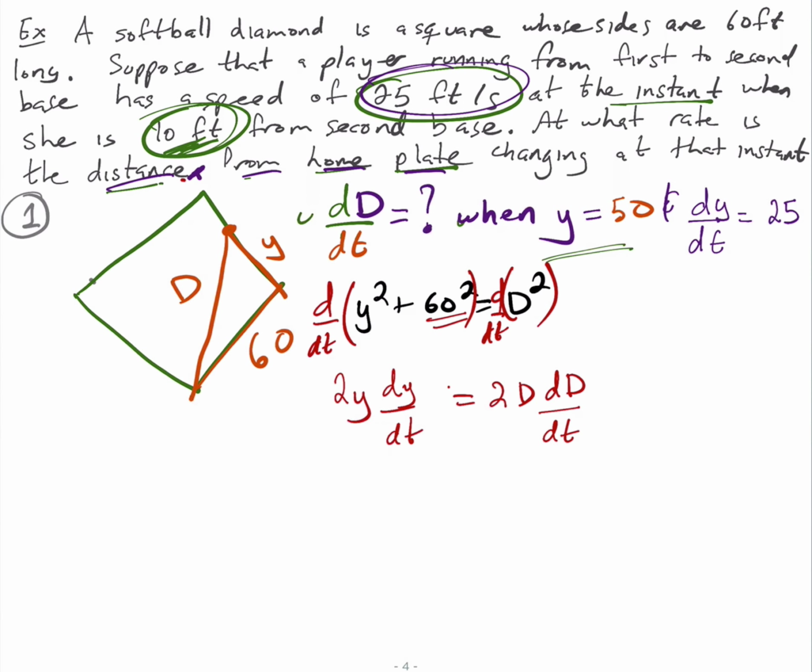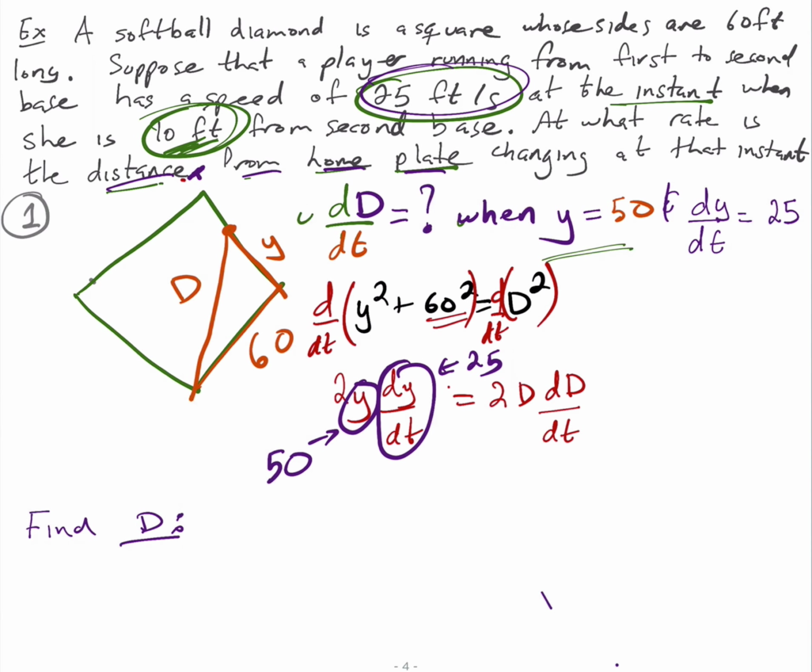So then let's take a look. What do we need? So we have y, right? Y is 50. We have dy over dt. That's 25. Do we know what d is? We can find it, right? So this is more work. We need to find big D.